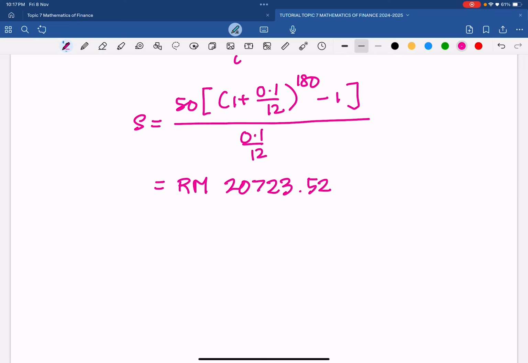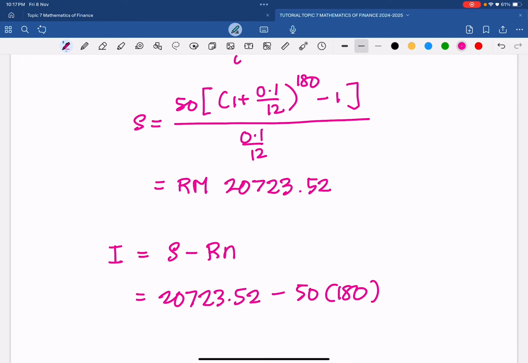Now let's find the interest. I equals S minus Rn. So S is 20,723 and 52 cents minus 50 times 180.